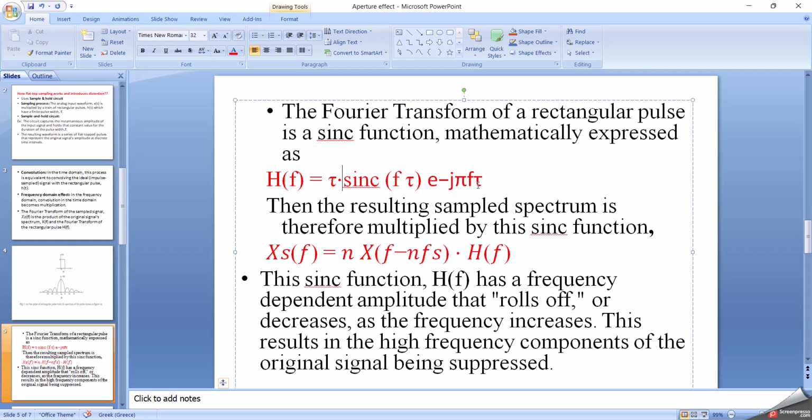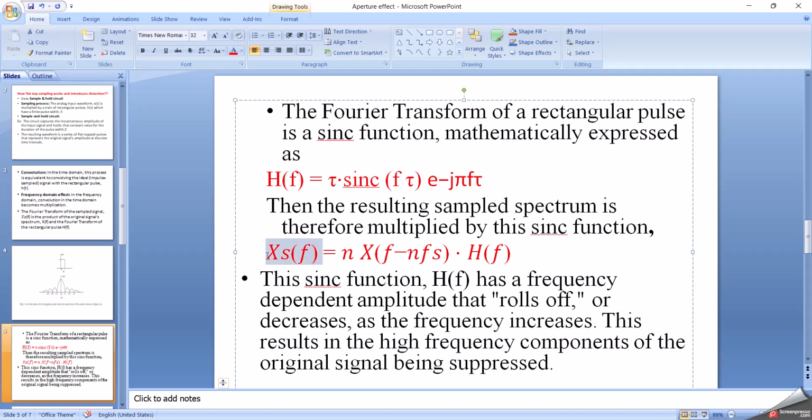Then the resulting sampled spectrum is therefore multiplied by this sinc function. We have the sinc function, that is the Fourier transform of the rectangular pulse, and we have the original signal's frequency spectrum X of f.